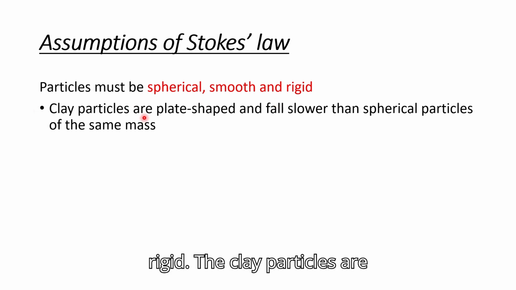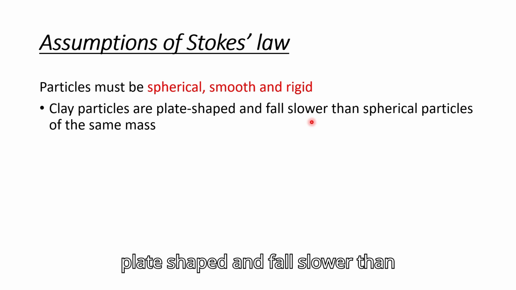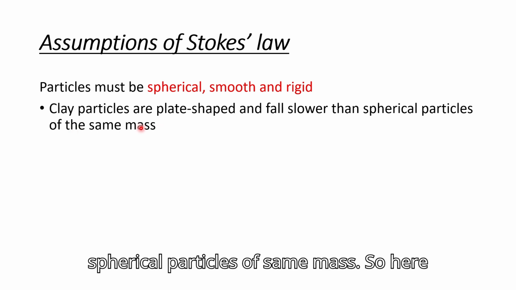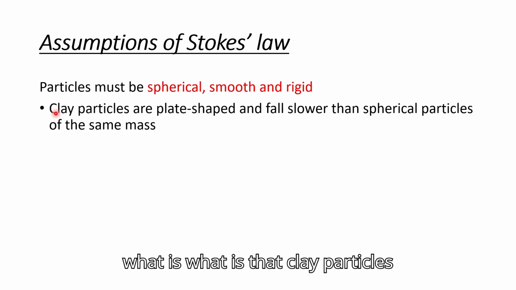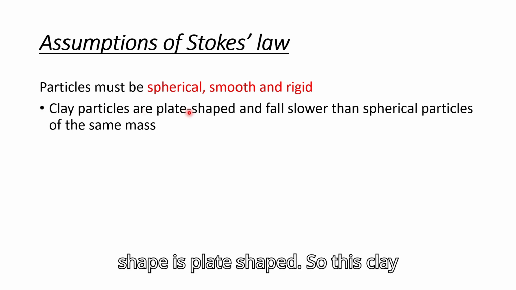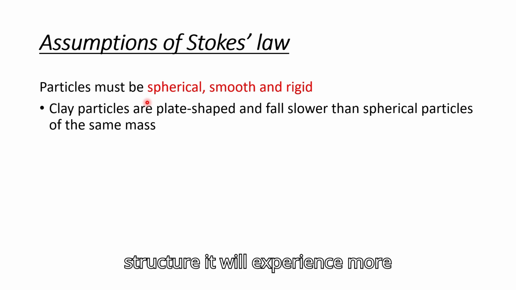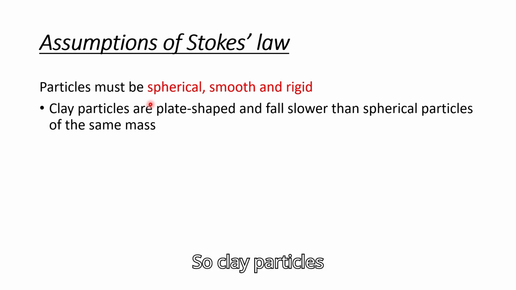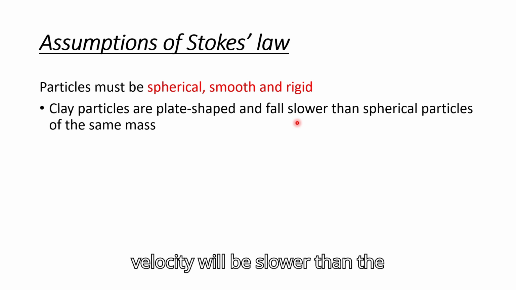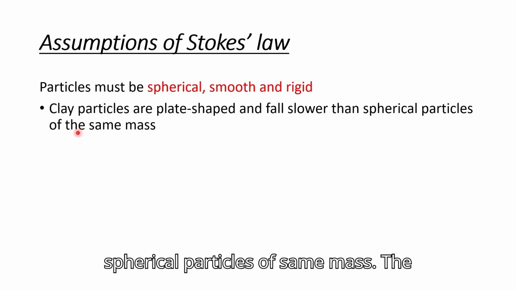Clay particles are plate-shaped and fall slower than spherical particles of the same mass. Because of this plate-like structure, the clay particle will experience more frictional force, so its velocity will be slower than spherical particles of the same mass.